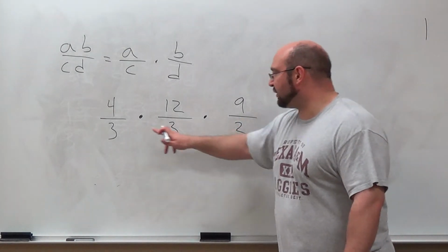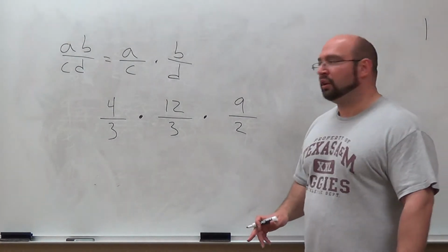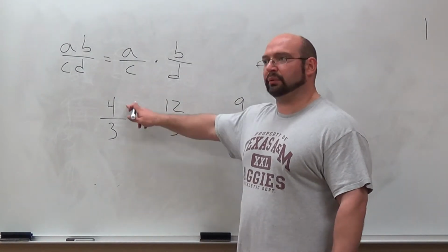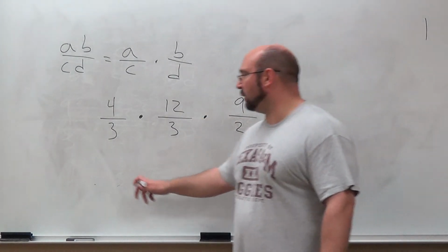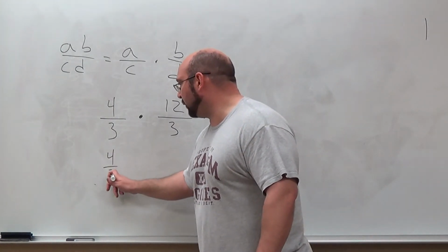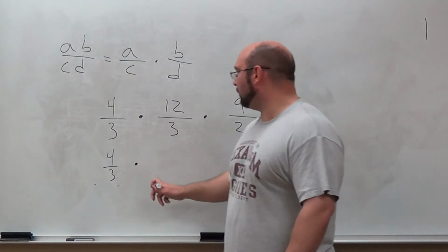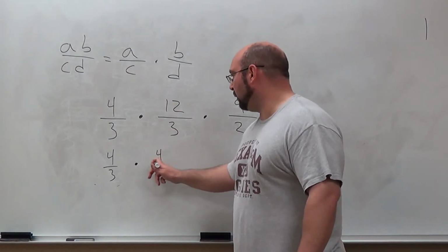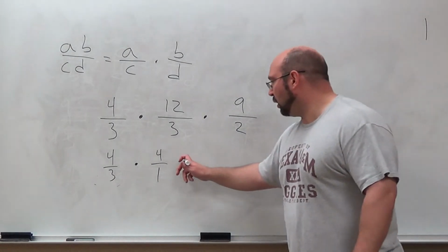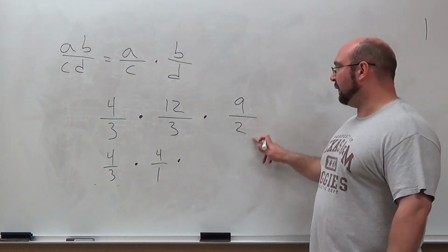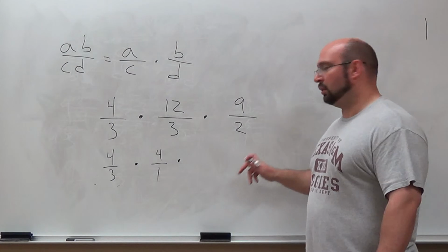As I'm looking, this is all multiplication. So I go through, does this reduce? No. Does this reduce? Absolutely. So we're going to rewrite this. 4/3 times, this goes to 4, this goes to 1. Is everybody with me on that? Right? Over 9/2. Does that reduce?